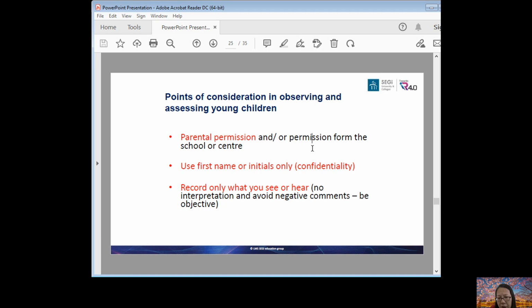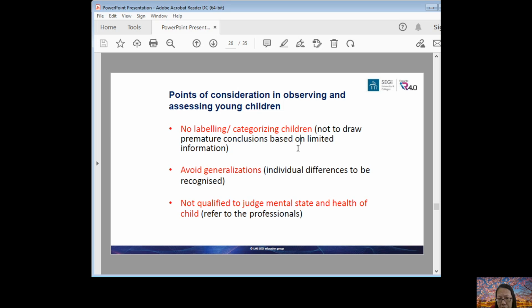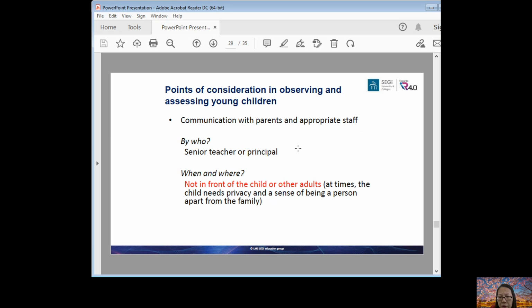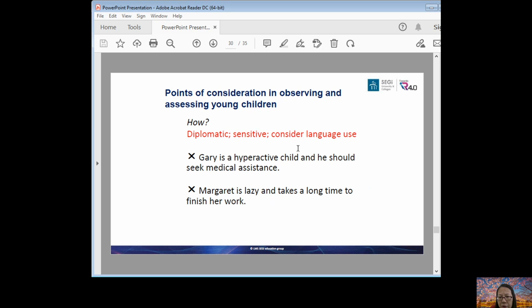So in conclusion, we have to be diplomatic and consider the child's feelings and the parents' feelings. It is very, very crucial. As parents, it is so difficult to accept that their child needs special help.